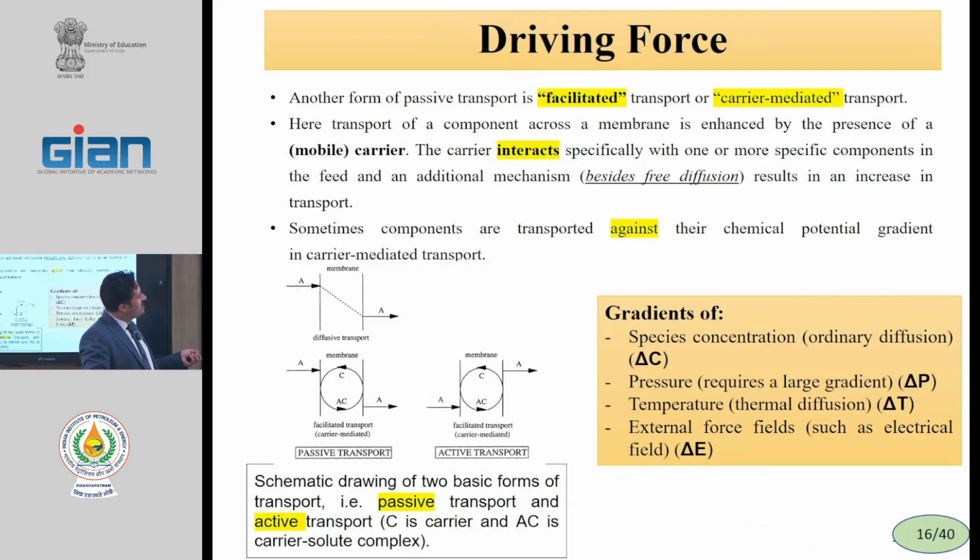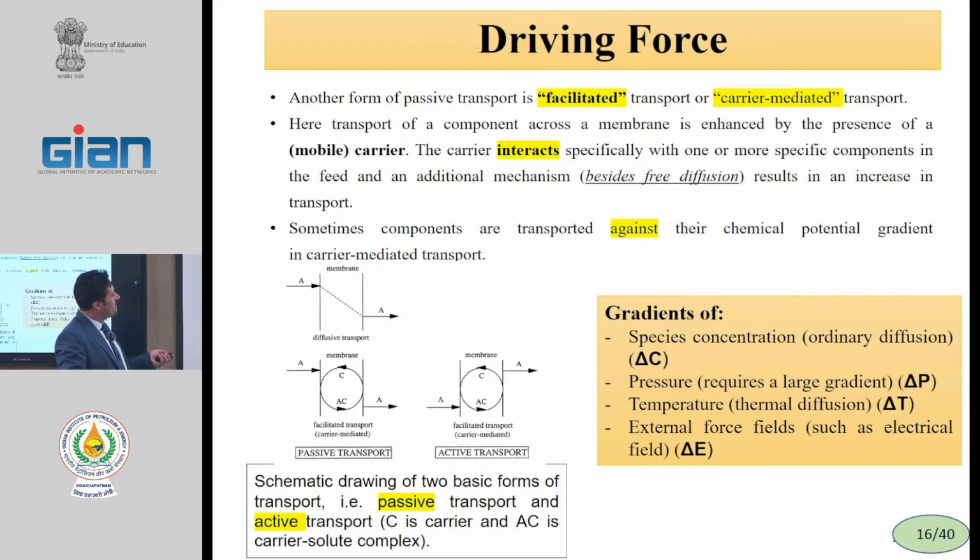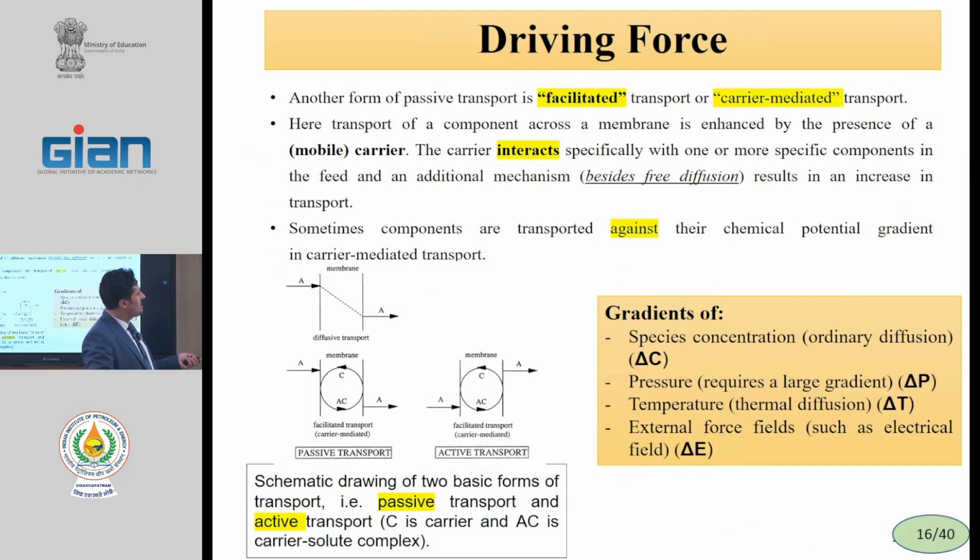In active transfer, we go from low concentration to high concentration, but for this transfer we usually need a carrier, which you see shown with C. This carrier comes, interacts with A, goes to the permeate side and releases.